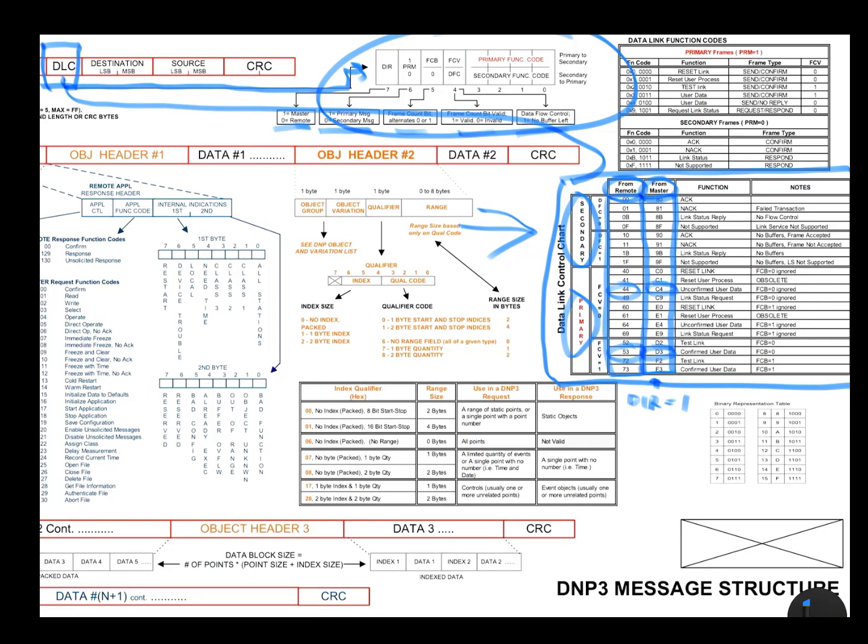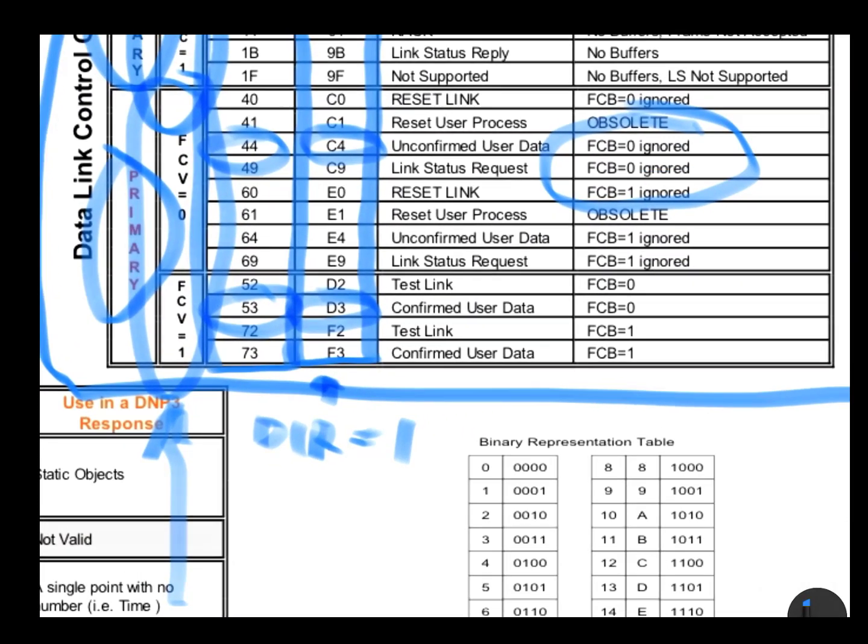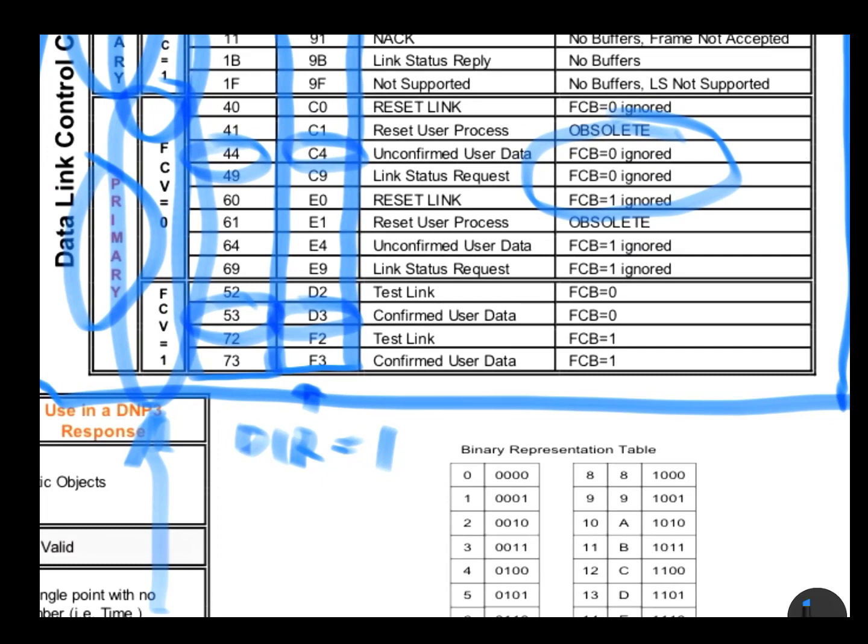If we go back to this table, notice how it gives you all those values of data flow control and FCV right in that part of the table. Right there tells you those answers. And over here, you can even see there's additional information. Notice how in this part of the table it says FCB, frame count bit, is equal to 0 and is ignored.